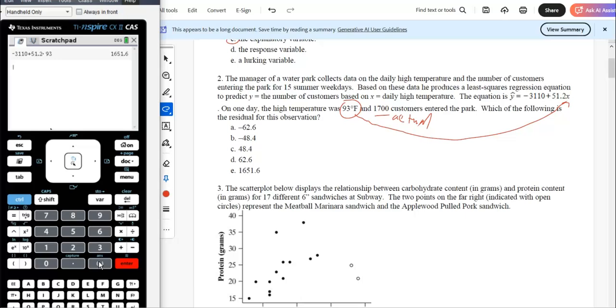Okay, so our predicted is 1651, so actual minus predicted, so 1700 minus that is 48.4 positive. It's a positive residual because we under predicted, right? The actual was more than what we thought.